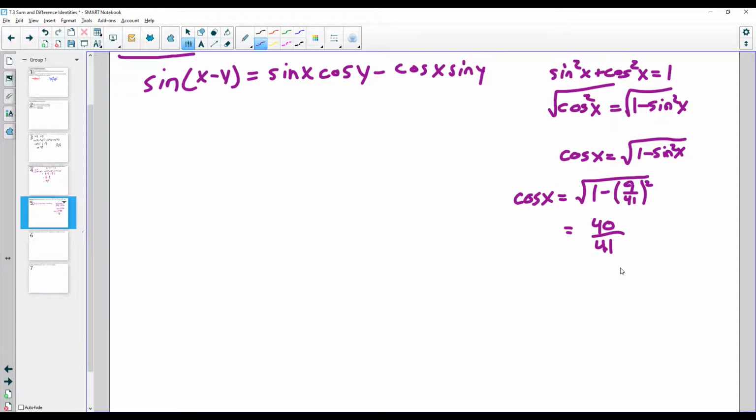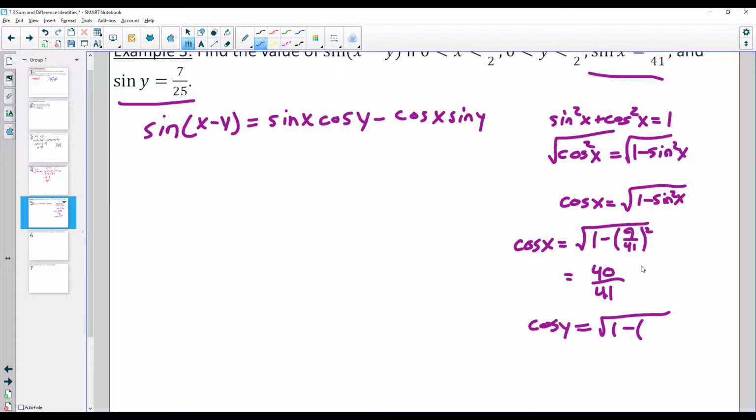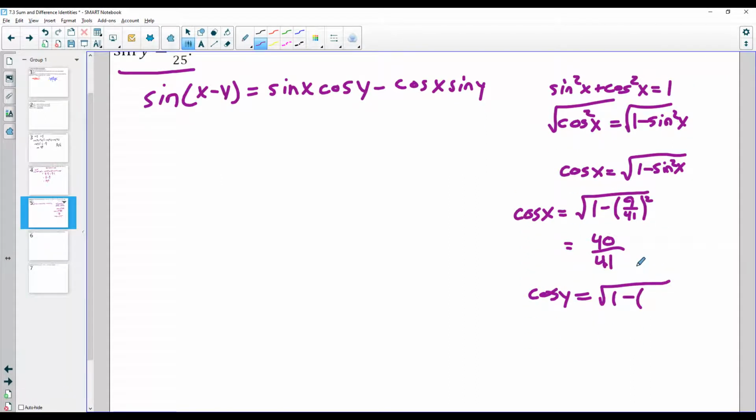And if we did the same thing with cosine of y, it would be the square root of 1 minus 7 over 25 squared. And if you did those calculations, you would get 24 over 25.